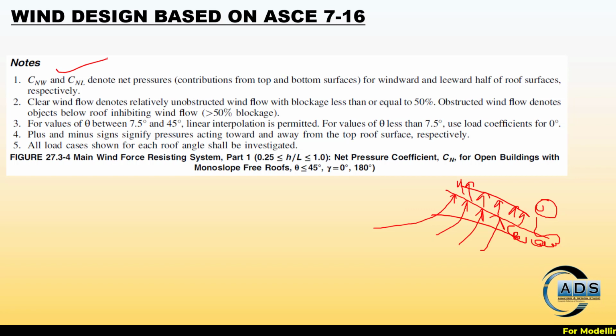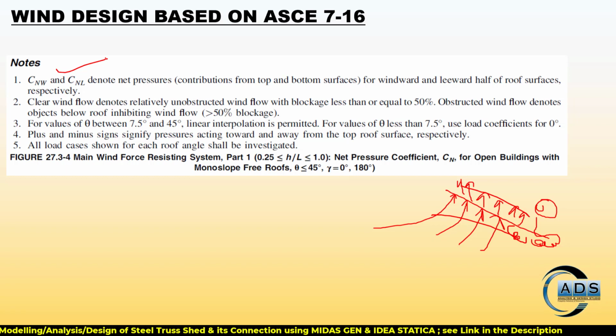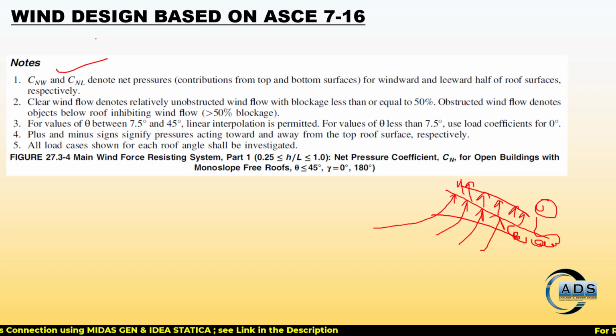Point number 2 is that clear wind flow denotes relatively unobstructed wind flow with blockage less than or equal to 50 degrees, and obstructed wind flow denotes objects below the roof inhibiting wind flow, which is greater than 50 degrees blockage. For values of theta between 7.5 and 45 degrees, linear interpolation is permitted.